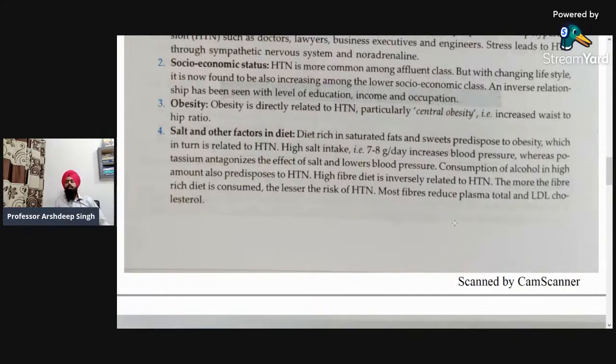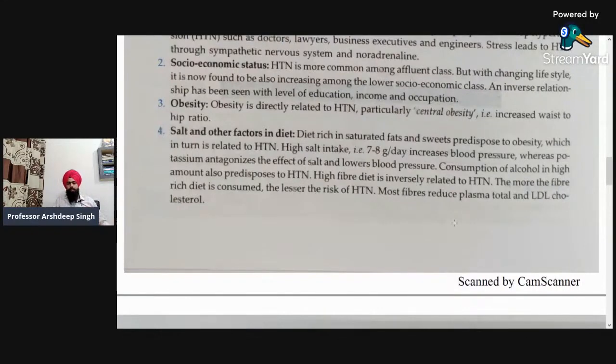Like I would say that now the persons who fall in the age of 20 to 30 or 30 to 40 are also getting affected by hypertension. So we have to be aware and careful about our diet, about what we are eating. Are we eating enough salt that is okay for our survival, or are we exceeding the limit?